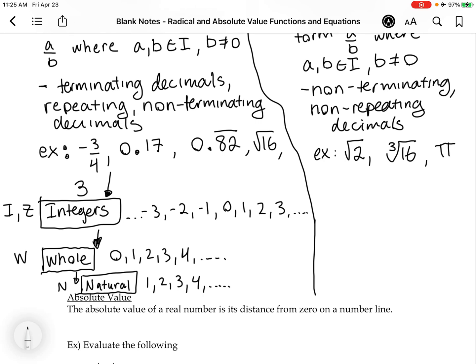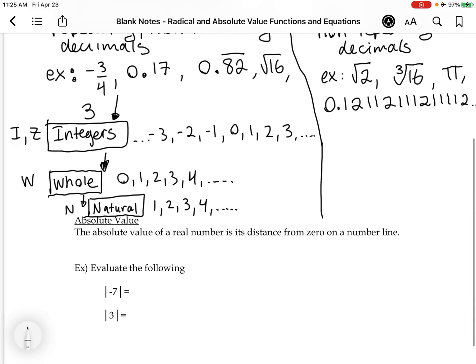Also something like 0.1211211121112. Well, there's a pattern to it. It's a non-terminating decimal where there's a pattern, but it's not a repeating pattern. That is also an irrational number. Okay?